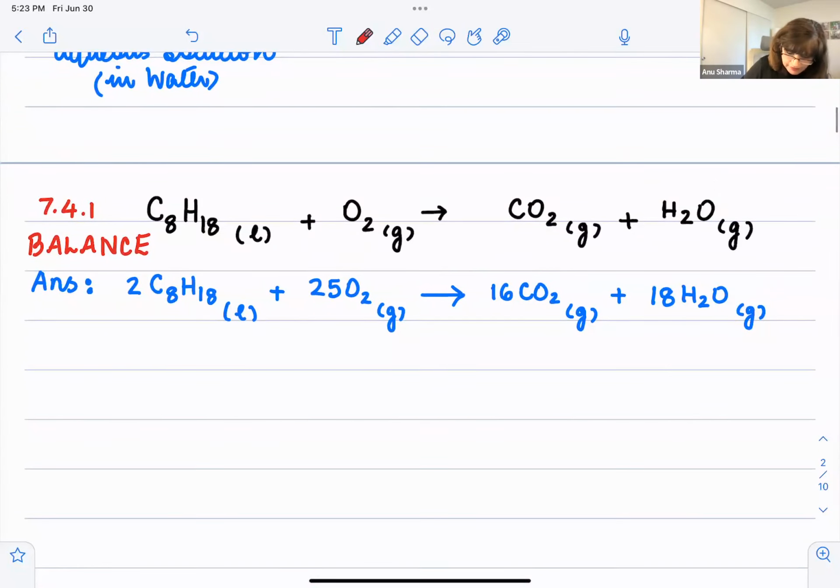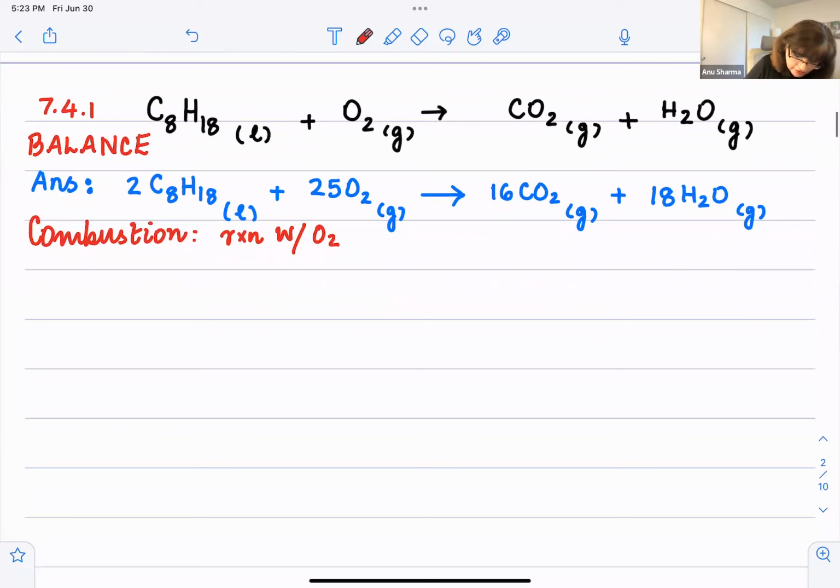Combustion always means reaction with oxygen, O2. Anytime there are lots of carbon and hydrogen bonds, no matter what it is, these are called organic molecules.